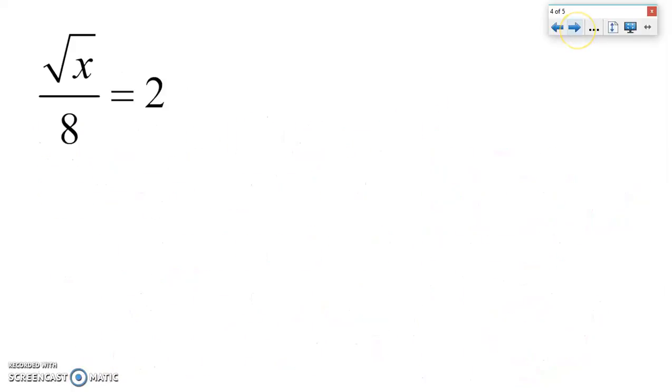So I have 2 more examples we're going to work through. In this case, now I'm giving you a proportion that deals with a radical. You could translate the radical into a fractional exponent and solve from there, but because this is a square root and I can very easily undo square roots by squaring, I'm going to leave it as is.